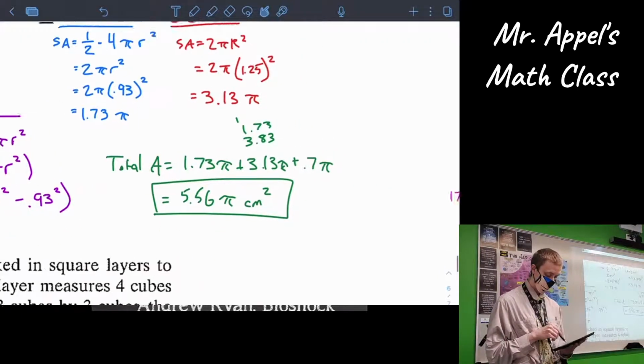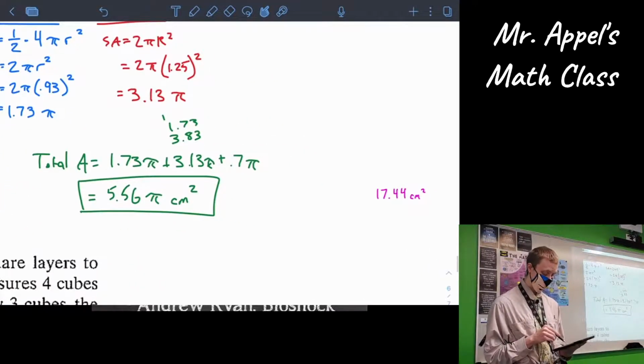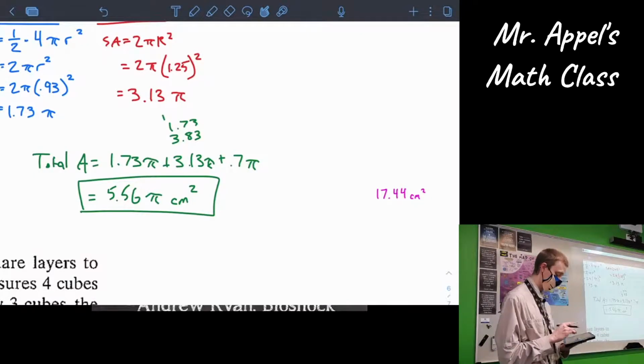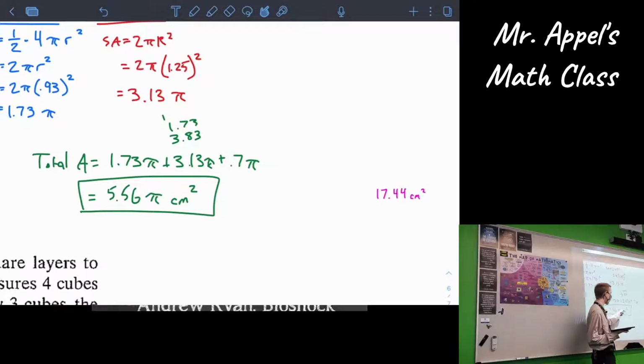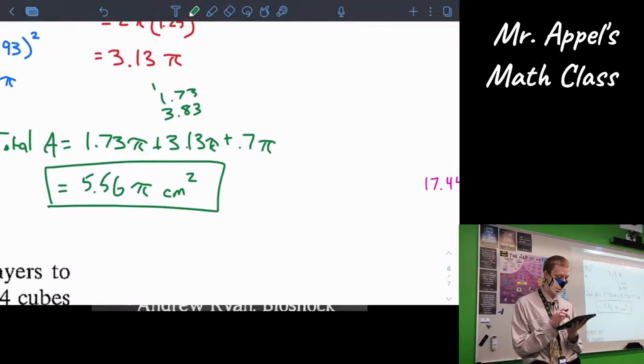Let's see, how'd I do? Where's my final answer? 17.44. Ooh. Let's run it. So somebody try it out. Fill in, use your pi button. 5.56 pi is about how much? See how close we got.